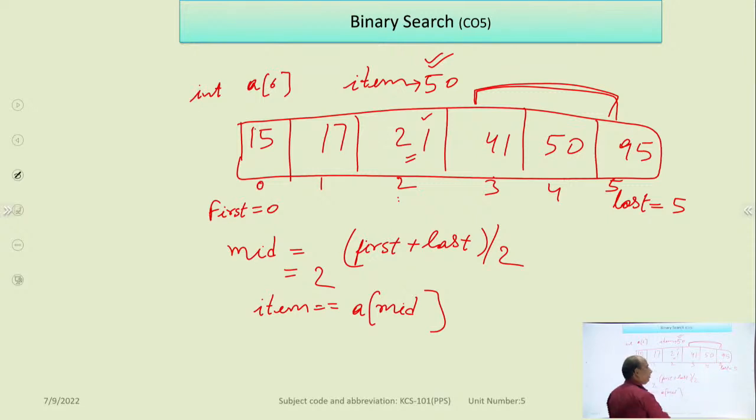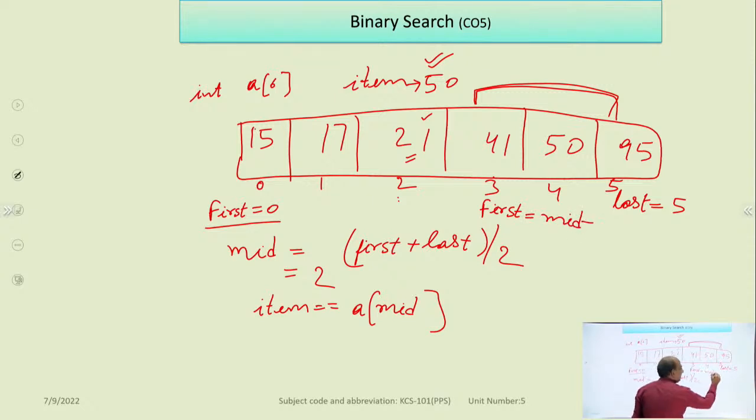To do that, we have to move this first index value. First will move to here, which means we change first equals to mid plus 1, where the mid index is 2.